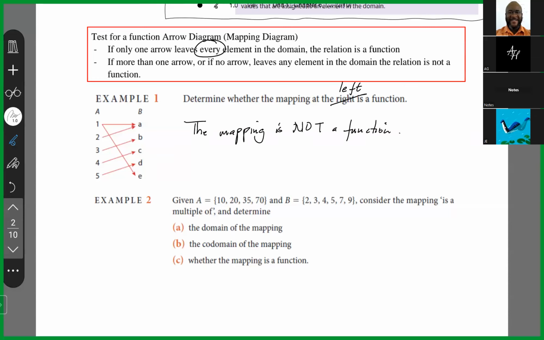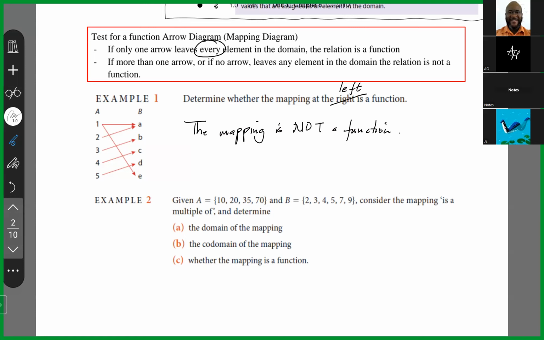And what's the reason for that? You can see that the element 1 in A is mapped onto 2 elements in B. Sorry, 1 is mapped onto A and 1 is mapped onto E. So by definition, this is not a function.